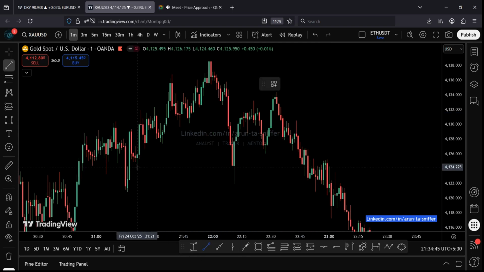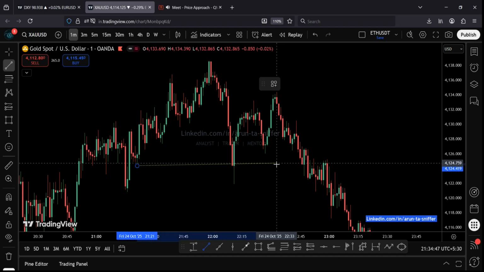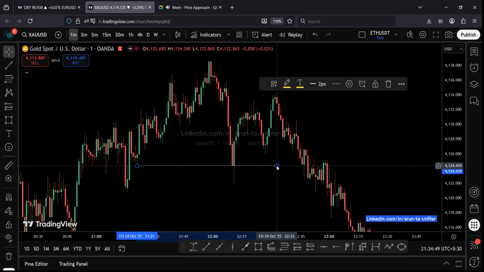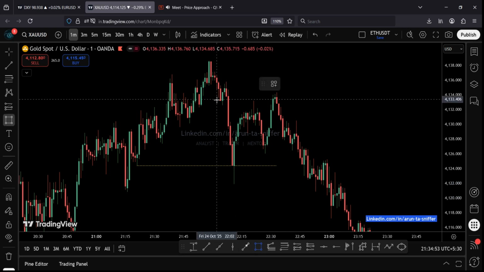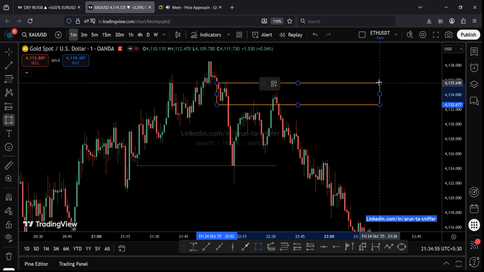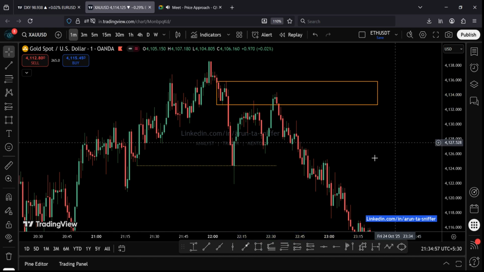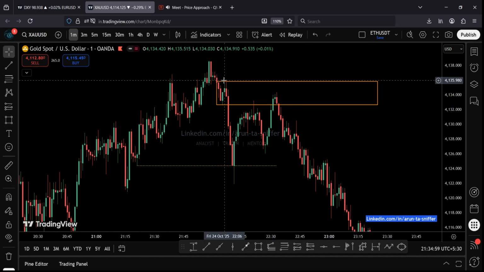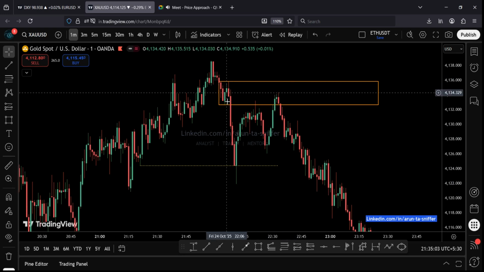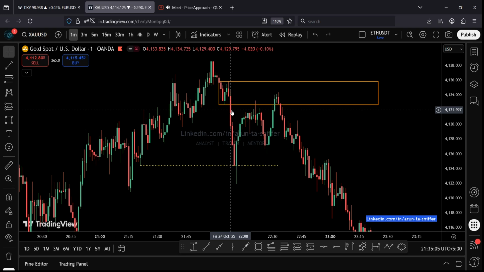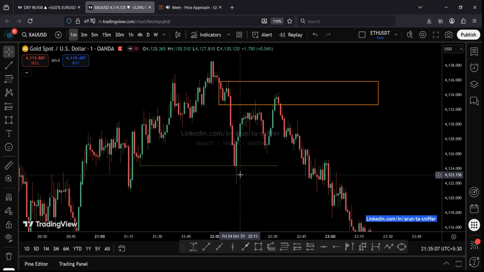This low like this, and this is our zone. Okay, so from here to here, if we look at price action, price fell very sharply, did not make any zone here.